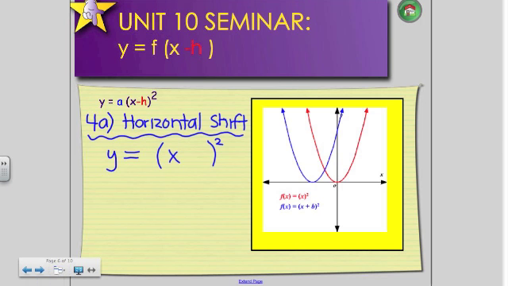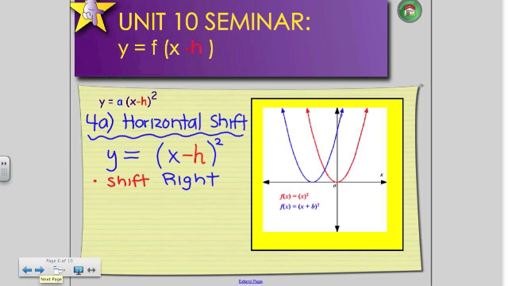So you're going to have a set of brackets, and the reason I said opposites, if you have a negative value, so negative h for example, this is going to be a horizontal shift to the right.